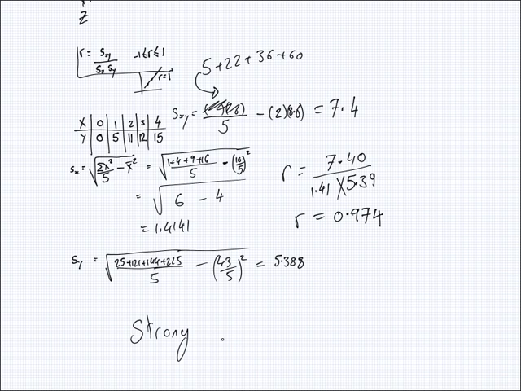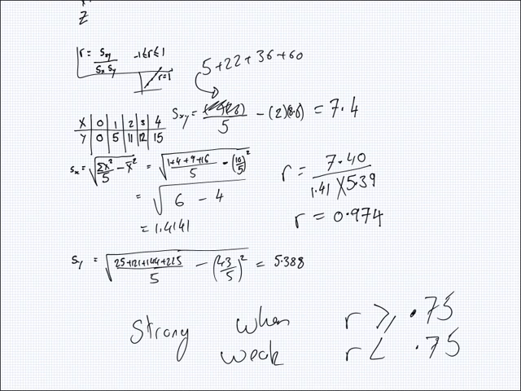I think you say it's strong when the R is more than roughly 0.75, and then it's weak when the R is less than 0.75. That would be the most common convention I see in statistics books.